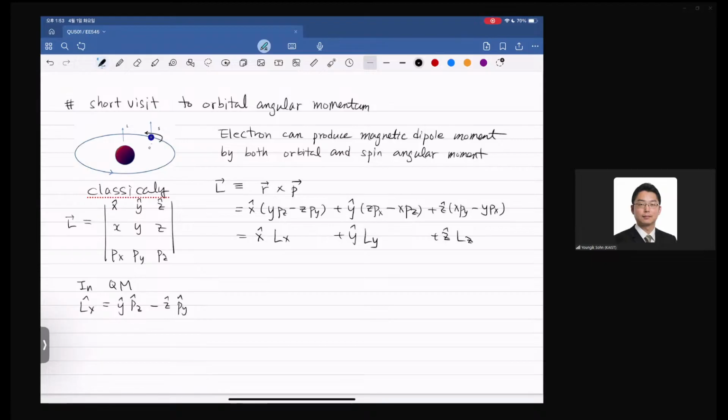You know what they are, right? We already have learned the position and momentum operators in quantum mechanics. So it is natural to expect this should also work, because when quantum mechanics becomes more and more classical, it should match the classical results. So you expect this should work. This is the angular momentum operator.